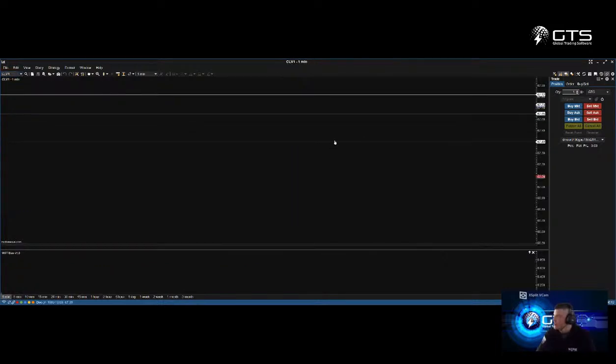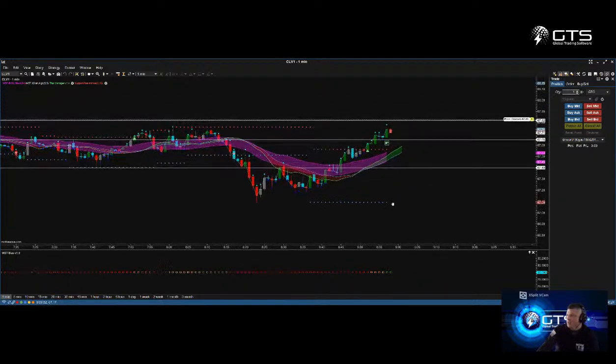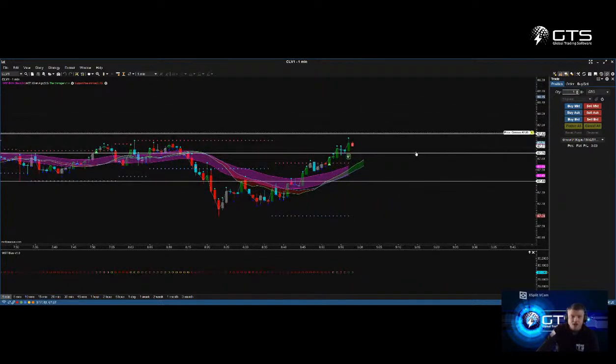Easing over here to oil. 73. We got a 6-star buy on the 1 minute. That's promising because look at it. We're at the top side of the range now. This would be awesome, to get a breakout at the top side and actually be in on an opening range trade. Yeah, this is exciting.